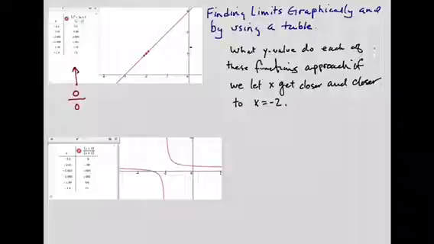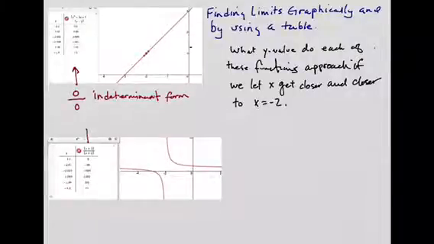And 0 divided by 0 is called indeterminate form. Indeterminate form just means we can't figure out what the value is. It does not mean it's 0. It does not mean it's 1.